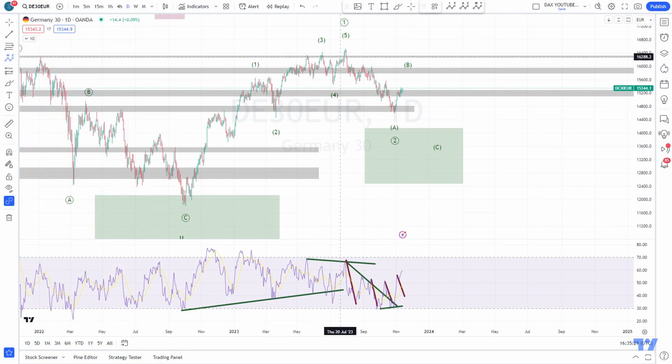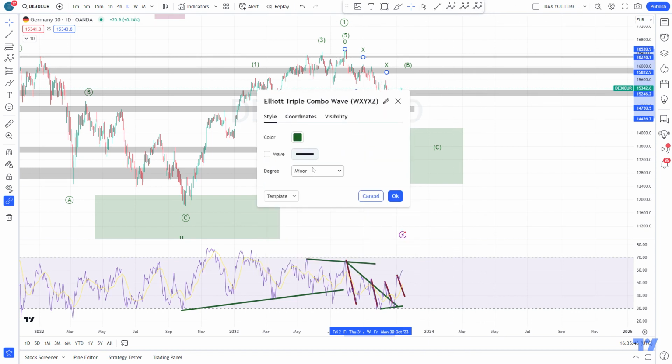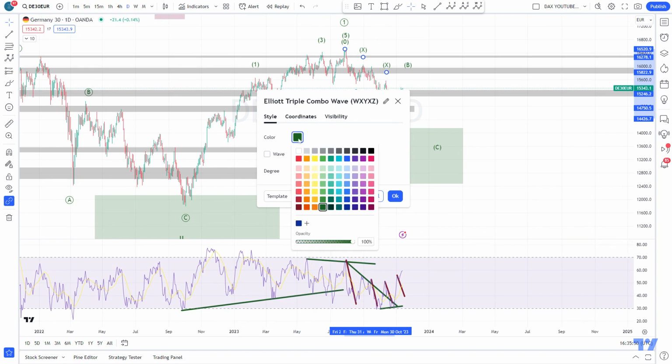So let me put this on the chart now as an alternative scenario. So then it would be a W, X, Y, X, Z scenario, and then the wave 2 is in right here.